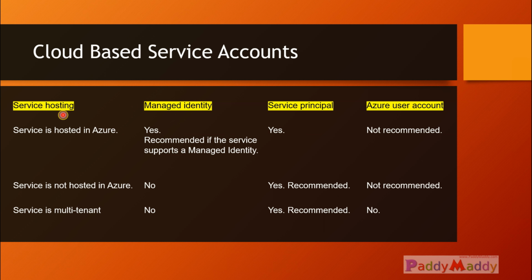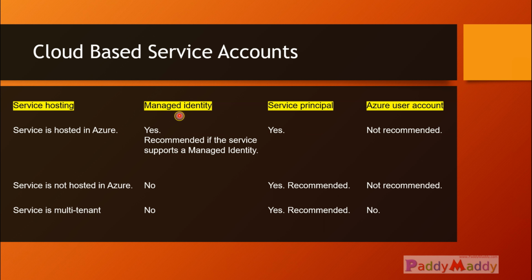So you might be thinking, what kind of service? Let's say you have a virtual machine that you want to stop at a specific time. If you are a standard user, you normally log in and click on a stop button. But if you use the managed identity, you would be creating an account called managed identity, and that account will have full rights on that virtual machine to stop or start it.